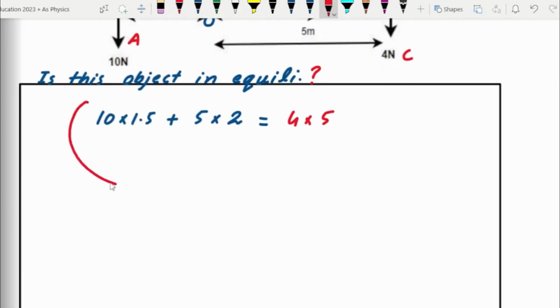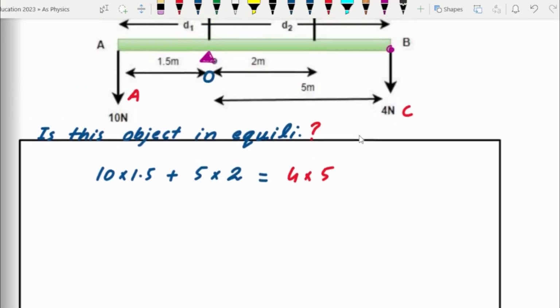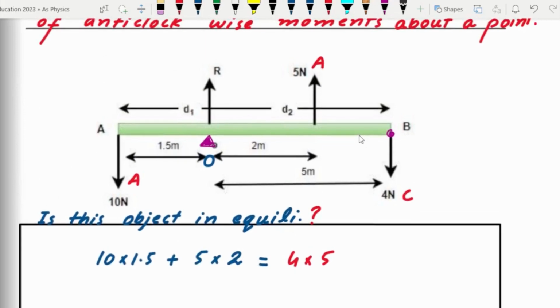So this is the overall the sum of moments of force anti-clockwise, and this is the overall moment of force clockwise. तो अगर ये दोनों equal हो गए, the object would be in equilibrium, और अगर equal ना हुए, then the object would be rotating.